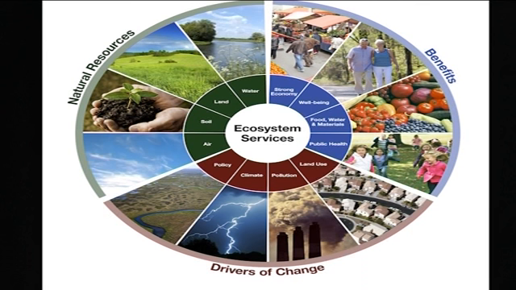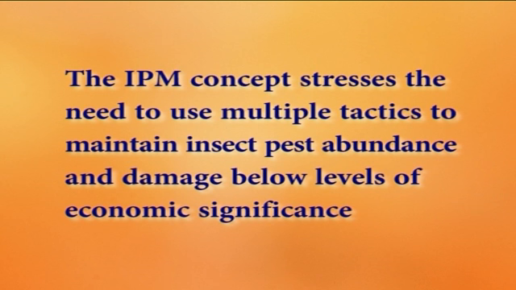Increase in species diversity increases ecosystem stability, which promotes a more sustainable system, far less polluted and detrimental to natural resources. The integrated pest management concept stresses the need to use multiple tactics to maintain insect pest abundance and damage below levels of economic significance.